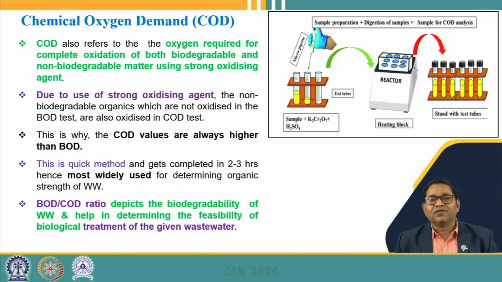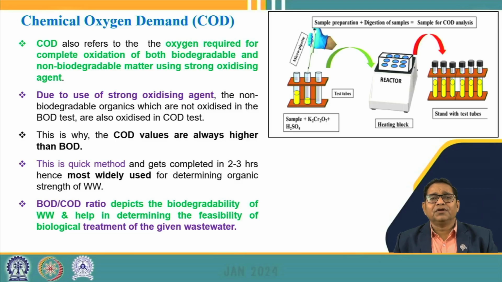If the BOD/COD ratio is more than 0.5, it means most of the organic matter is biodegradable in nature and can usually be treated using a biological treatment system. If the BOD/COD ratio is less than 0.5, such as 0.1, 0.2, or 0.3, the biological treatment may not be suitable.